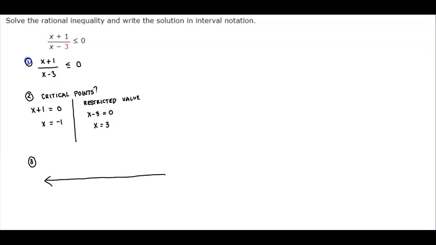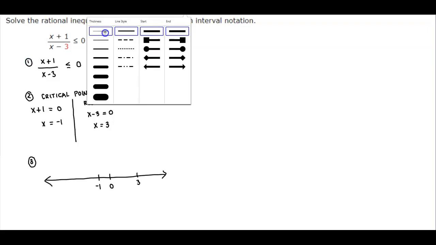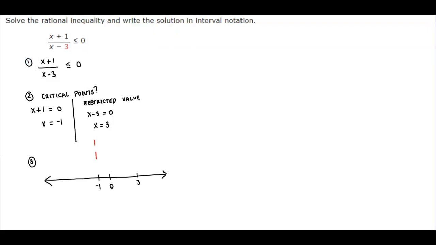So now we're going to create our number line. We have -1 as a critical point, and then we have 3 as a critical point. And now we're going to create our regions according to the critical points. So we have region 1, region 2, and then region 3.